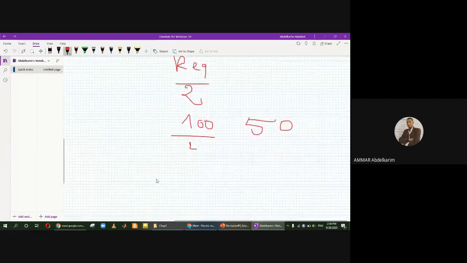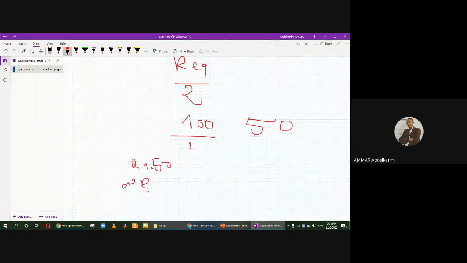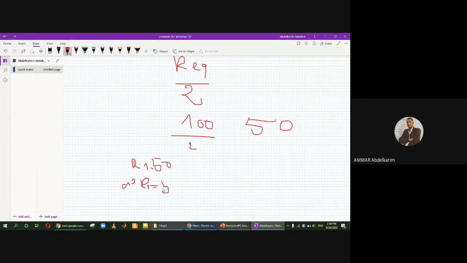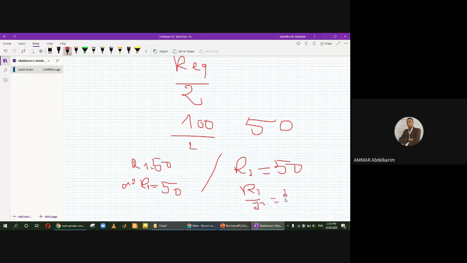So, if the circuit is referred to the primary, R1 is 50 and A square R2 is 50. If we are in the secondary, R2 is 50 and R1 over A square is 50. So you need to find A square. This is an approximate method, not exact. Is it clear?